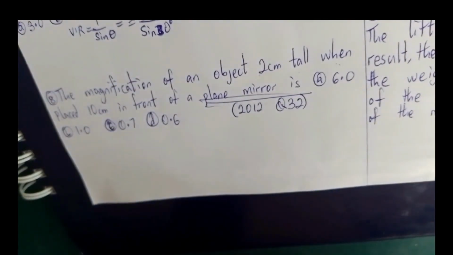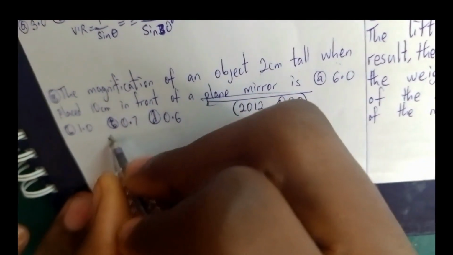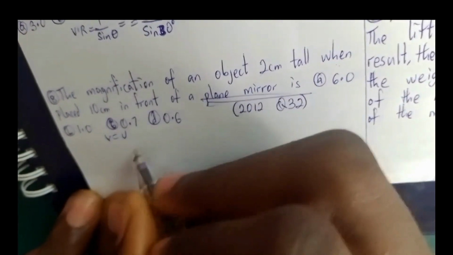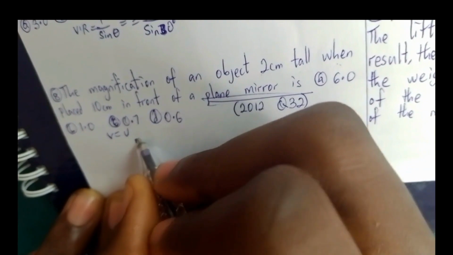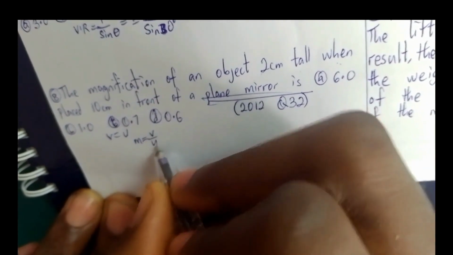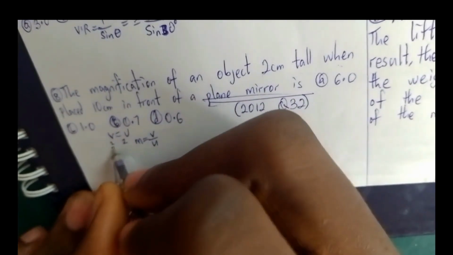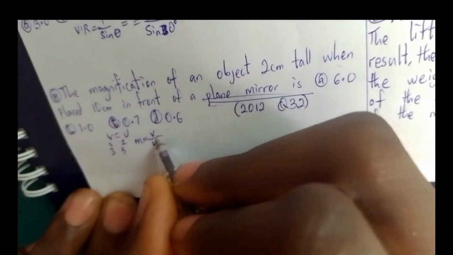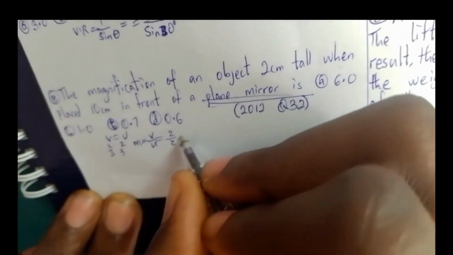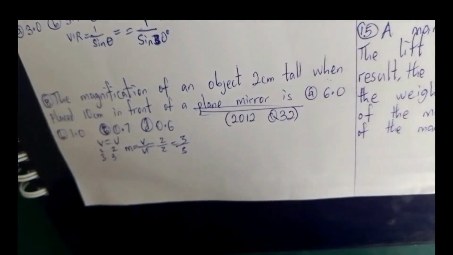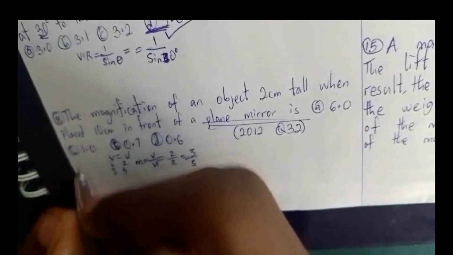One of the characteristics of a plane mirror is that V is equal to U. The formula of magnification is V over U. If our V is 2, U will also be 2. If our V is 3, U will also be 3. 2 over 2 is 1, 3 over 3 is 1. That is, the magnification of a plane mirror is usually 1.